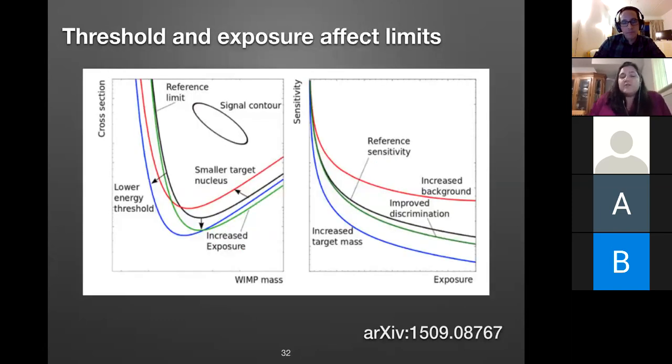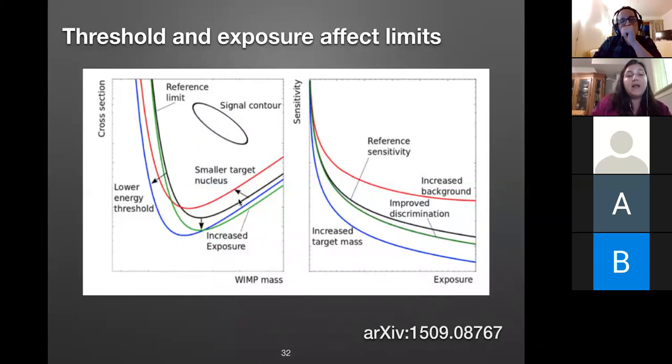I find it really useful to think about what changes what that curve could look like. So on the left-hand side, we see the same axes I was just presenting. The reference limit we have is black. So let's think about what a signal contour would look like. It would look like a closed blob, and that's what we see from those experiments that said they had a signal.